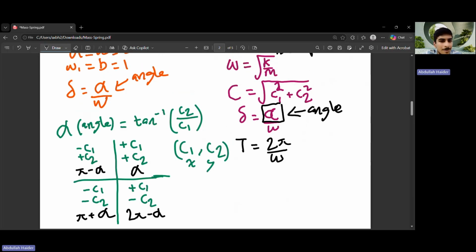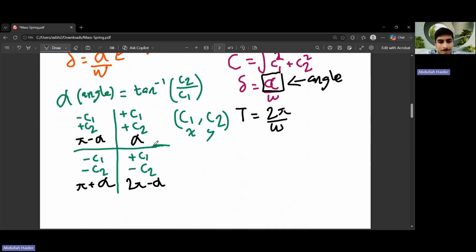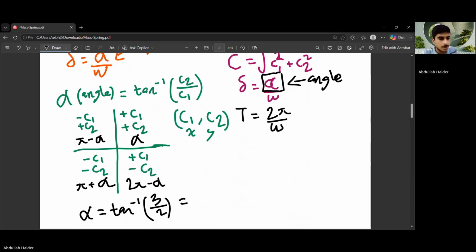But luckily, our C1 and C2 are both positive. So we can say alpha is equal to tan inverse, C2 was 3, C1 was 2, so alpha is equal to tan inverse of 3 over 2. This will be 0.9827.